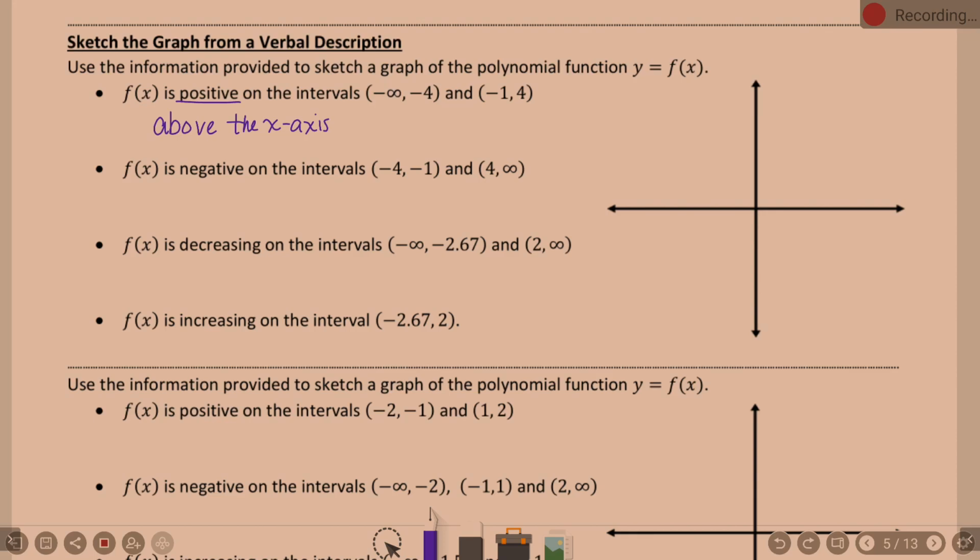And if positive means above the x-axis, what does negative mean? Below the x-axis.